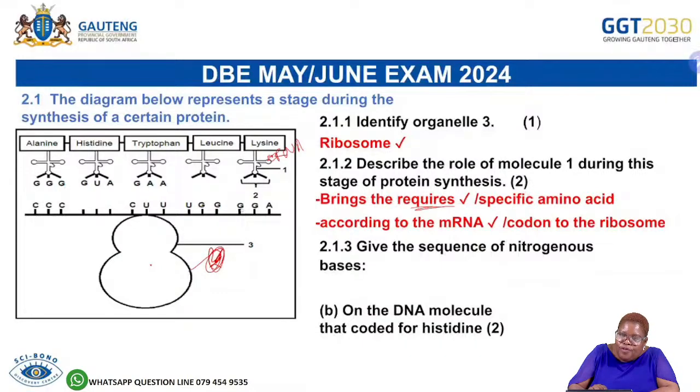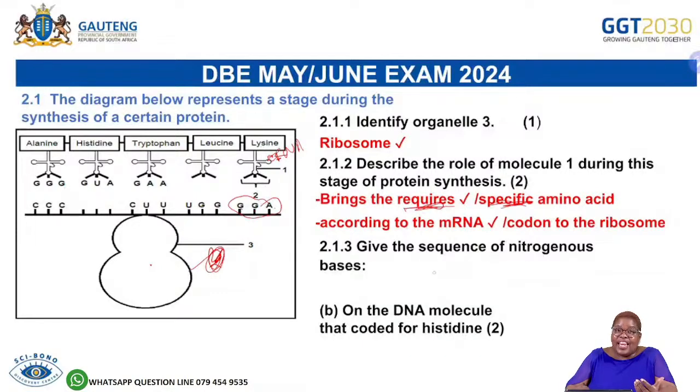Remember, if here we've got GGA, we cannot have tRNA bringing just random anticodons. It should be specific. So the role of tRNA is to bring the required or specific amino acid according to the mRNA, or according to the codon, to the ribosome. So tRNA brings the required amino acid to the mRNA, right, class?